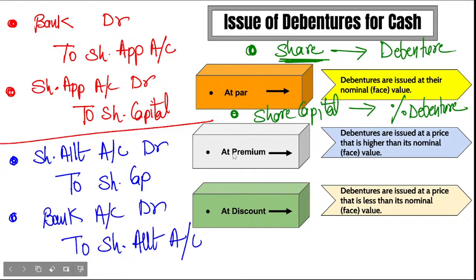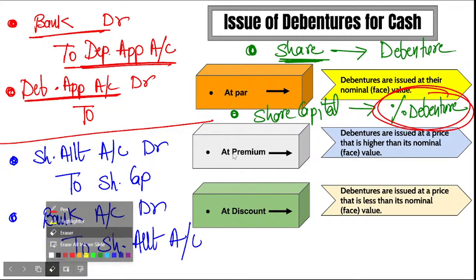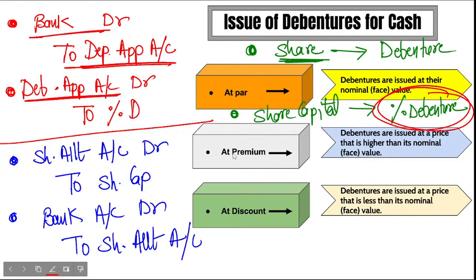So now the journal entry will be bank account debit to debenture application. I am receiving debenture application. Then share को हटा के क्या आ जाएगा? Debenture आ जाएगा. So debenture application account debit to. You will remove share capital and now you will write down percentage debentures.